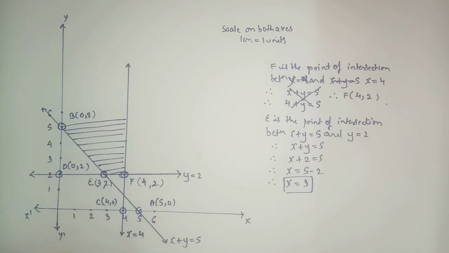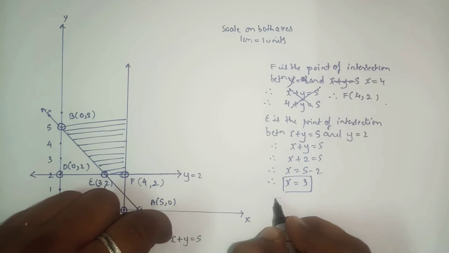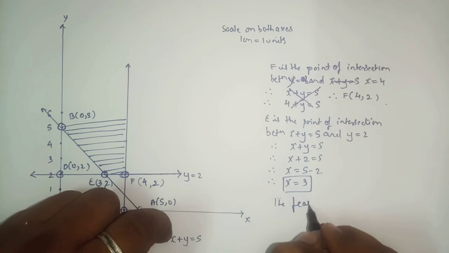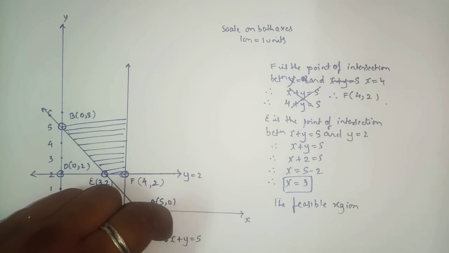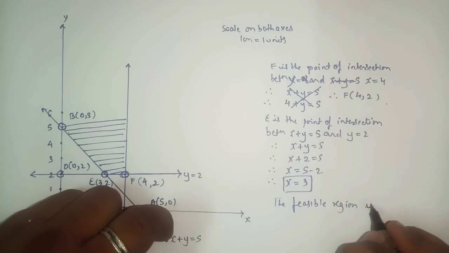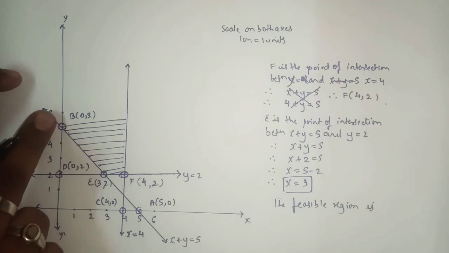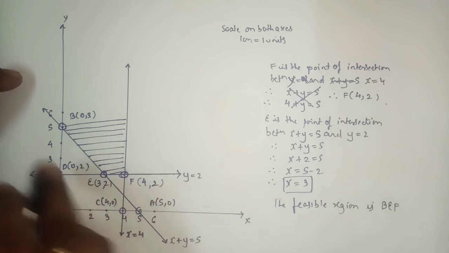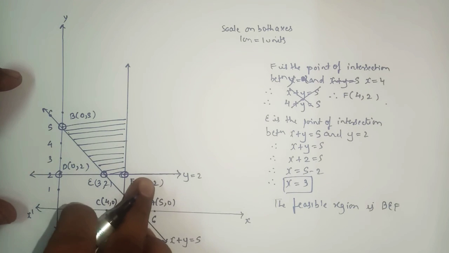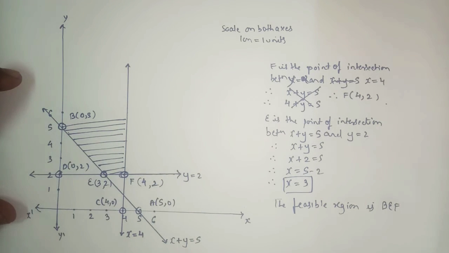Okay, so now we'll write the feasible region for this sum. This section B E F, yes or no? B E F is the feasible region, or else you can write F E B also.